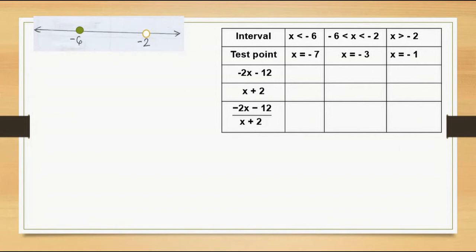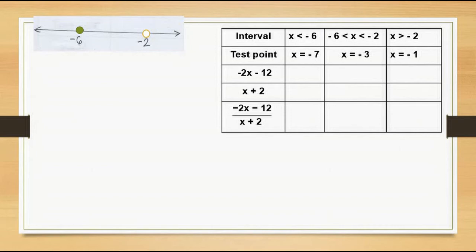The test point for x less than negative 6 will be x equal to negative 7. For negative 6 less than x less than negative 2, the test point would be x equal to negative 3. And for x greater than negative 2, the test point will be x equal to negative 1.